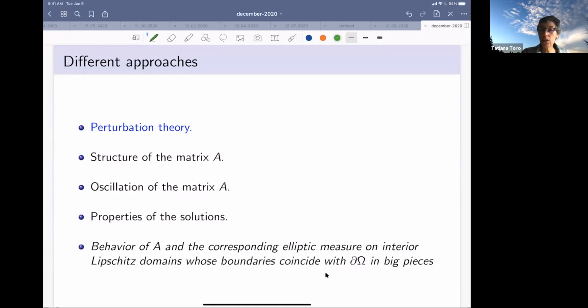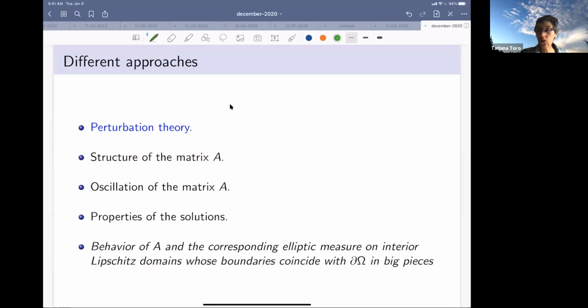Then you can transfer the results to the domain you started with. I put it in italics because it looks a little mysterious, but it is a very useful tool. For the rest of the talk, we are going to focus on perturbation theory.